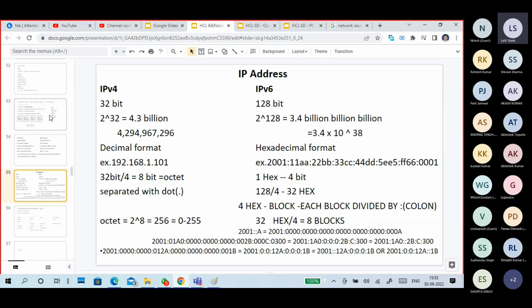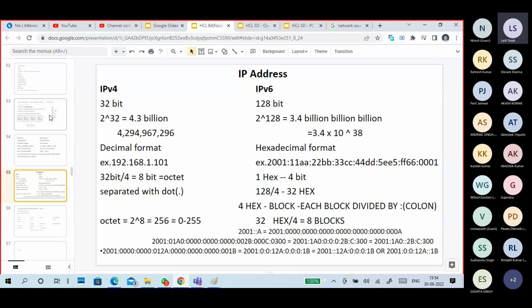Every 4 hexadecimal digits are called a block. Each block is divided by a colon. So the entire 32 hexadecimal digits are converted into blocks, and it becomes 8 blocks.